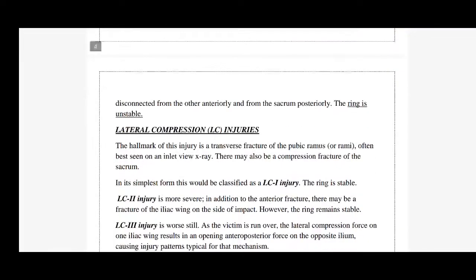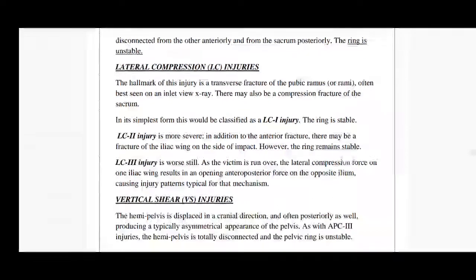Type 2 in general, Young and Burgess type 2, is lateral compression or LC injuries. The hallmark of this injury is transverse fracture of the pubic rami, often best seen on the inlet view, as I mentioned is a special view. There may also be a compression fracture of the sacrum. It can be subclassified into three types. Type 1, the ring is stable.